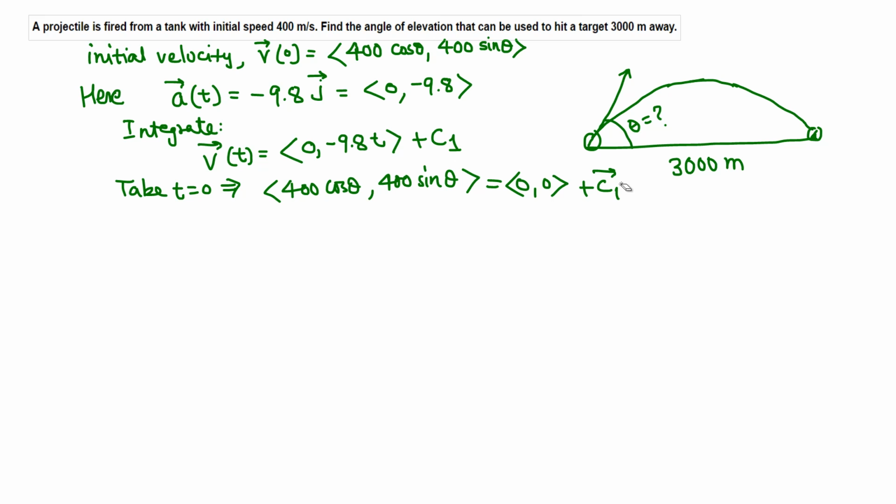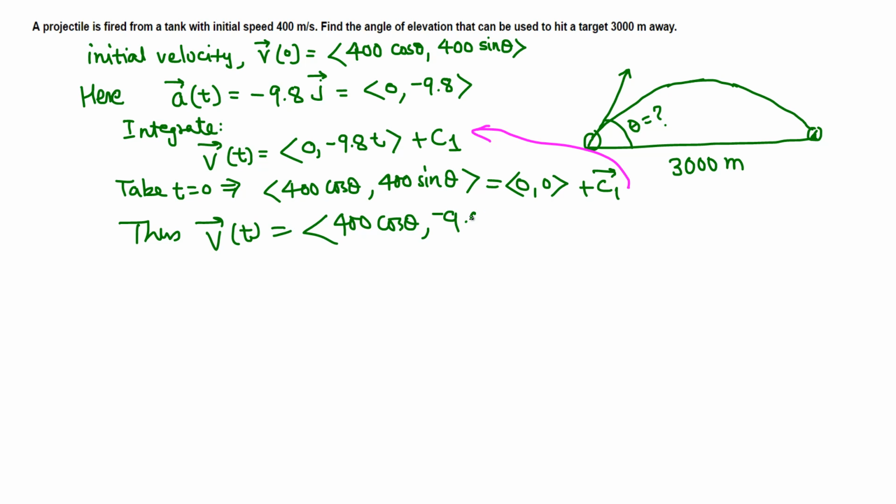Now we plug this value back here. Thus the velocity is 0 plus 400 cosine theta, comma, negative 9.8 t plus 400 sine theta.